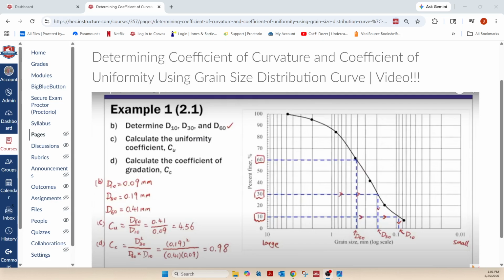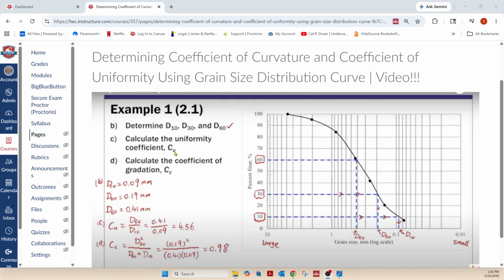5 conditions for classifying soils in the Unified Soil Classification System. This is your coefficients. There's a coefficient of uniformity and there is a coefficient of curvature.